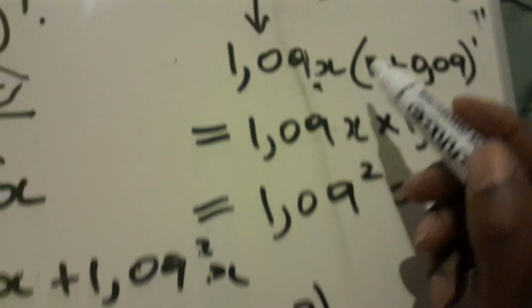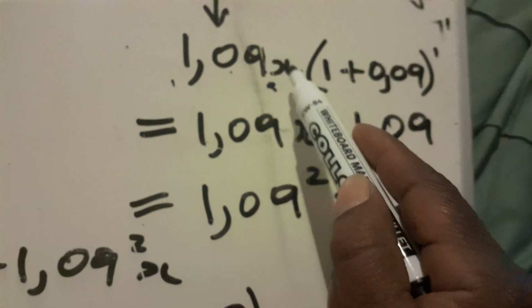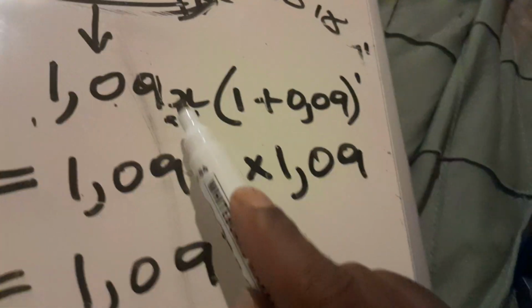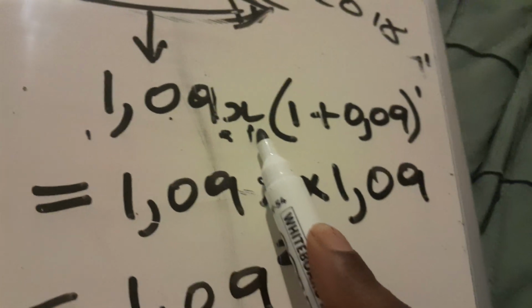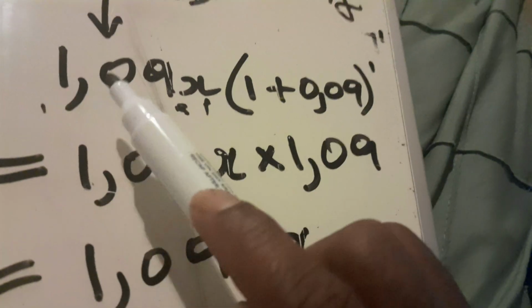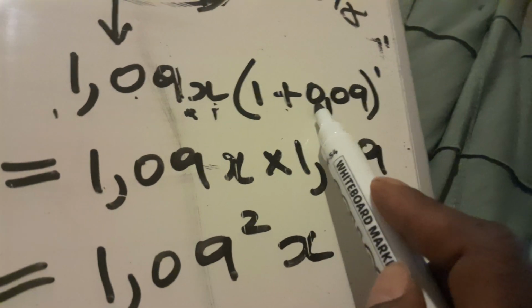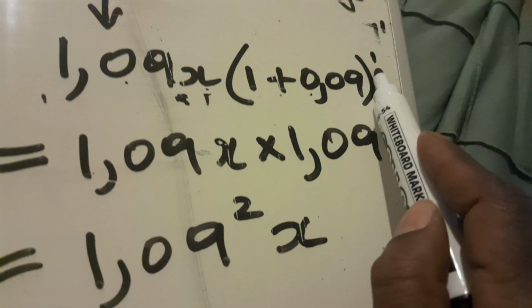So my principal is going to be 1,09x, not x now. So it's 1.09x times 1 plus 0.09 raised to the power 1.